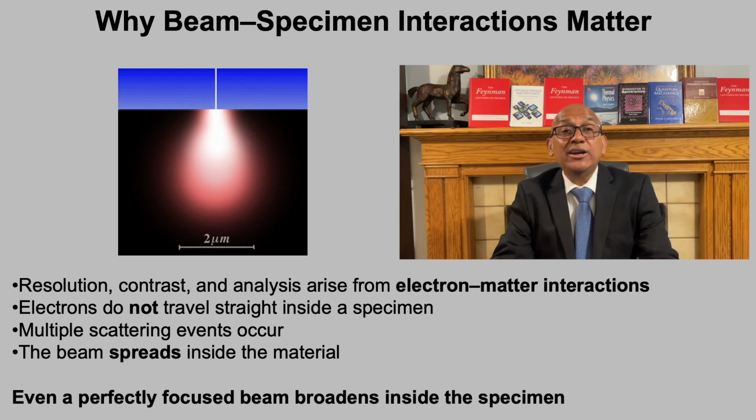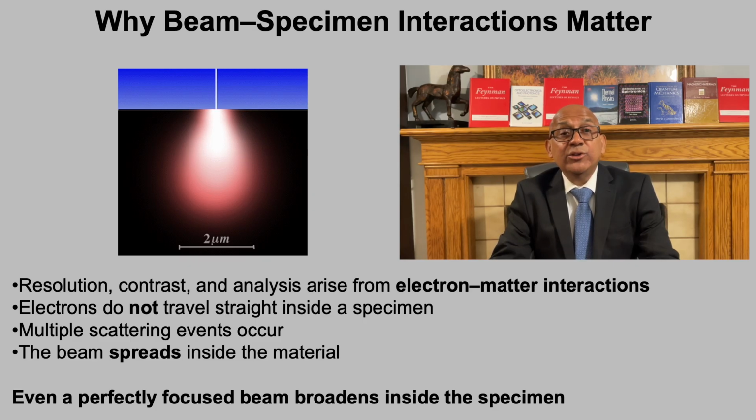Instead, they undergo multiple scattering events as they interact with atomic nuclei and electron clouds. Each of these interactions can produce a different detectable signal: secondary electrons, backscattered electrons, X-rays, or Auger electrons, each carrying different information about the material.